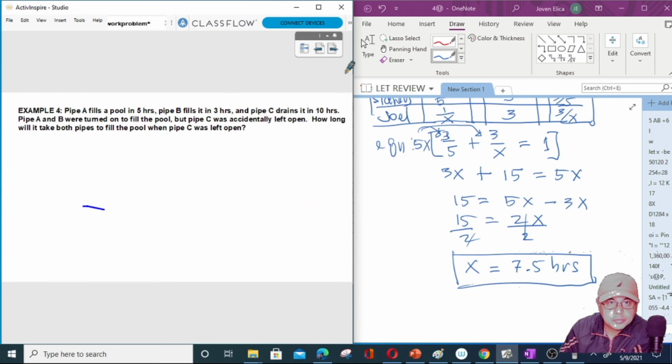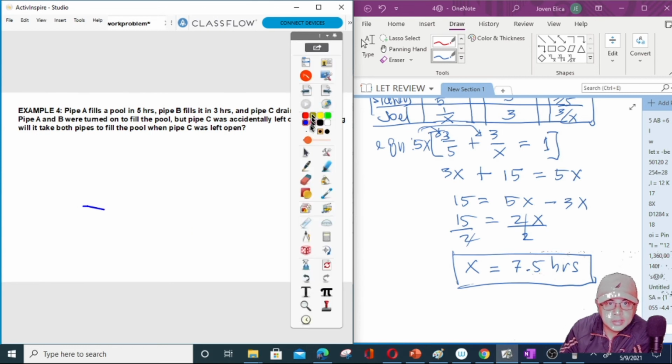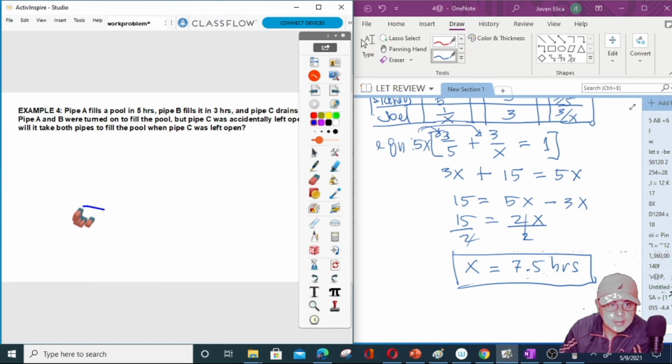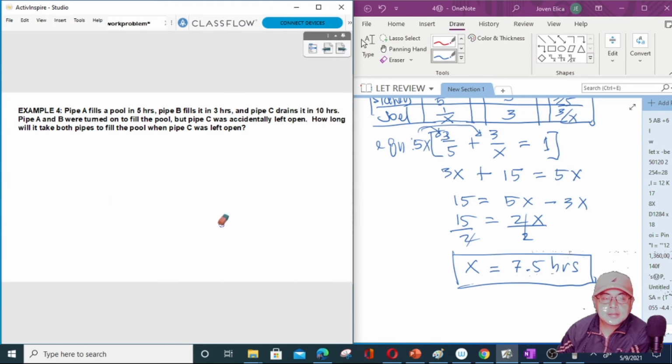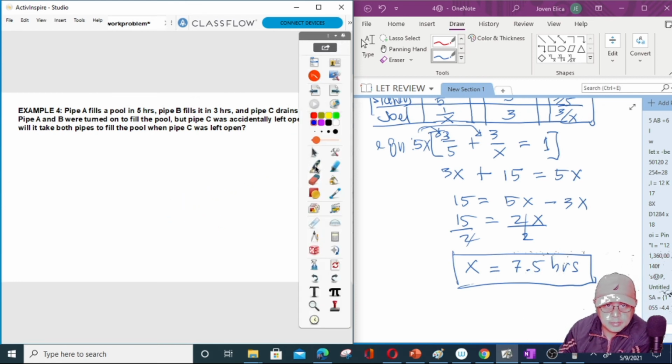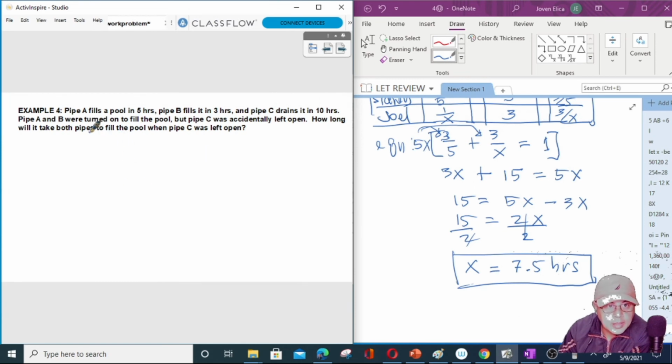So this is also a kind of problem which is also under the work-related problems. So let us solve. For example, pipe A fills a pool in 5 hours.